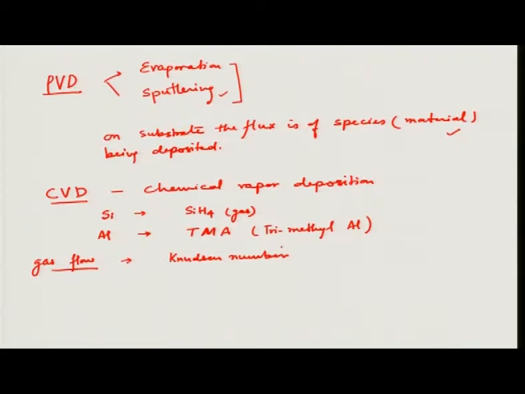This Knudsen number, Kn, is defined as the mean free path at that pressure of that gas divided by the largest dimension of the system in which it is kept. Based on the Knudsen number, flows are divided into three different regimes. One is called molecular flow, where the Knudsen number is more than 1.